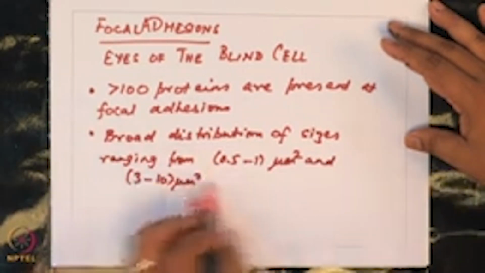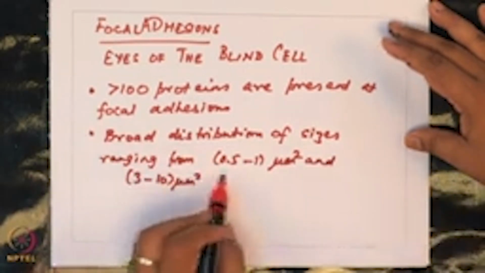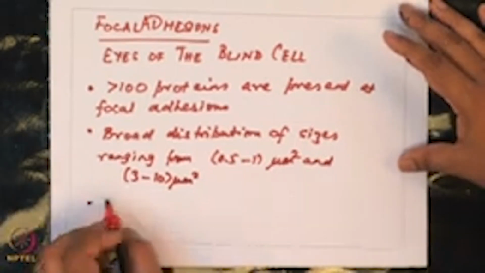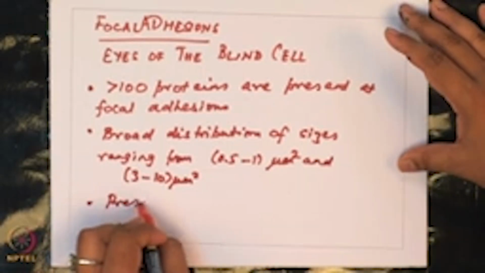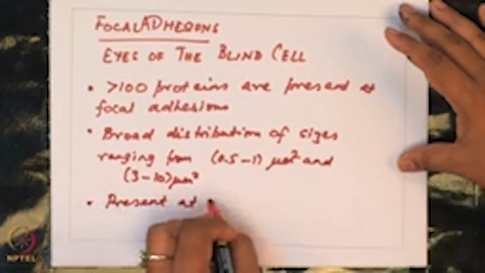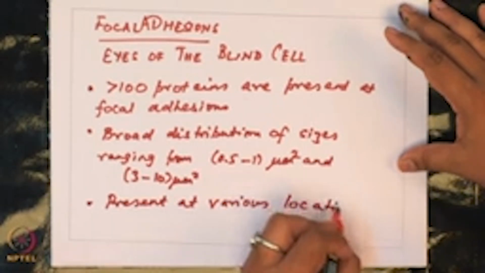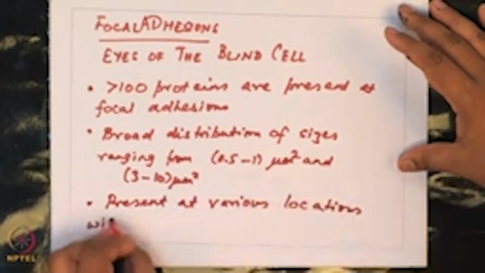So, clearly you see that there are two different size distributions of these adhesions, and they are present at various locations within the cell.